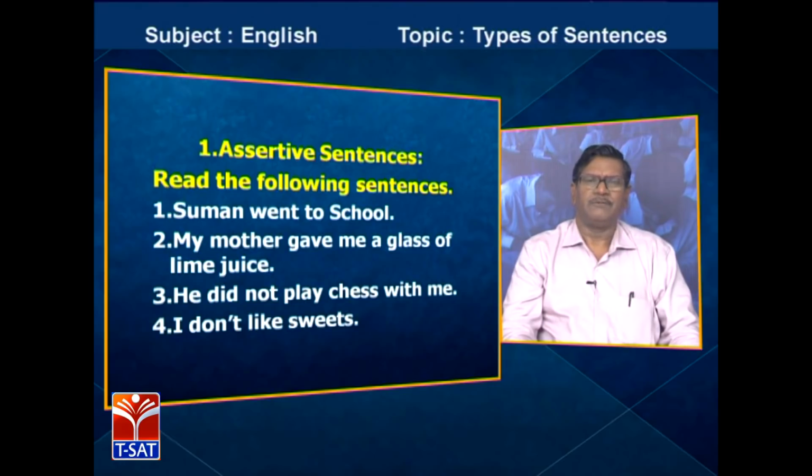My mother gave me a glass of lime juice. So, it is an assertion about mother giving a glass of lime juice. Third sentence, he did not play chess with me. You are asserting that he, the other person, did not play chess with me.